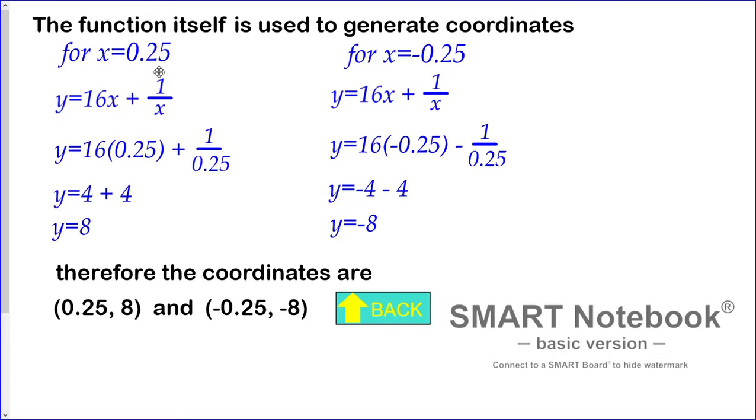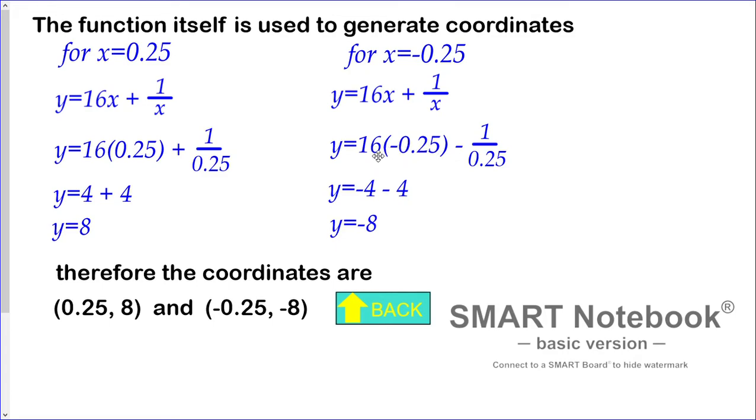So when we sub in x equals 0.25 and do the math, the y-coordinate is 8. And the other one, when we sub in x equals minus 0.25, what are we going to have? 16 multiplied by minus 0.25.